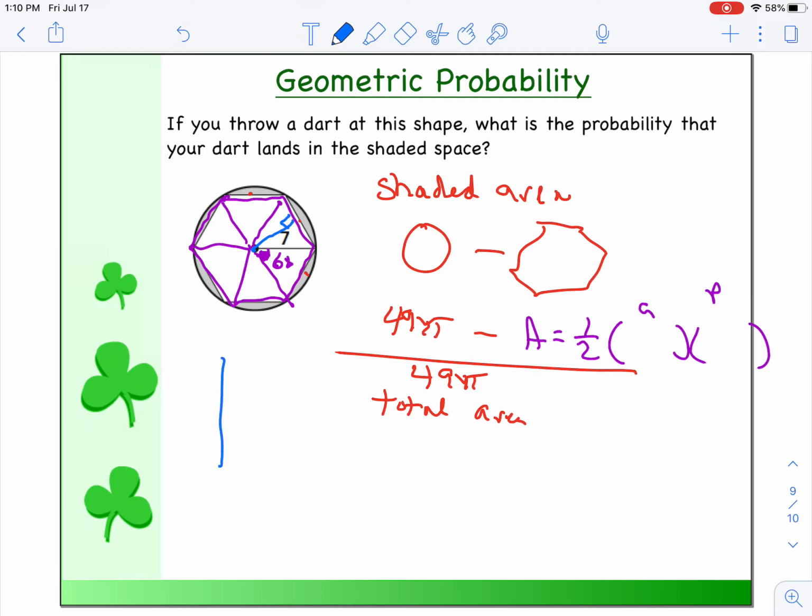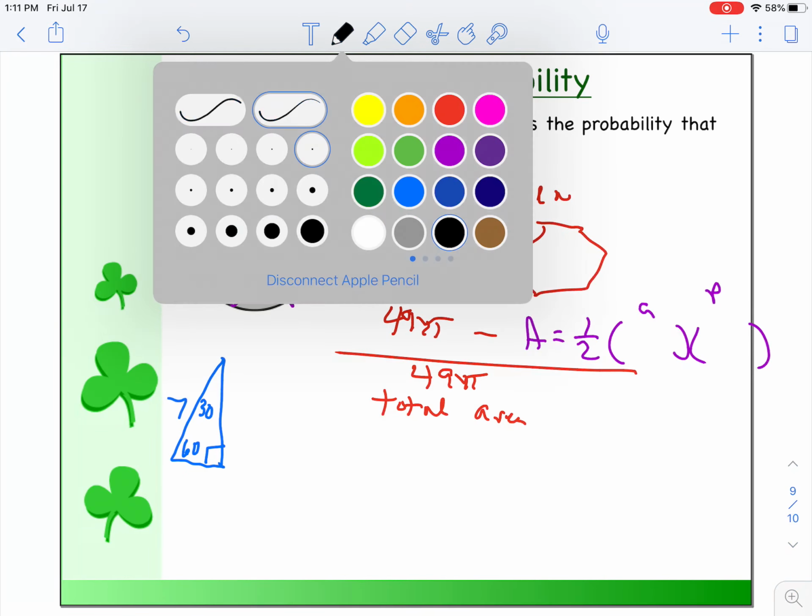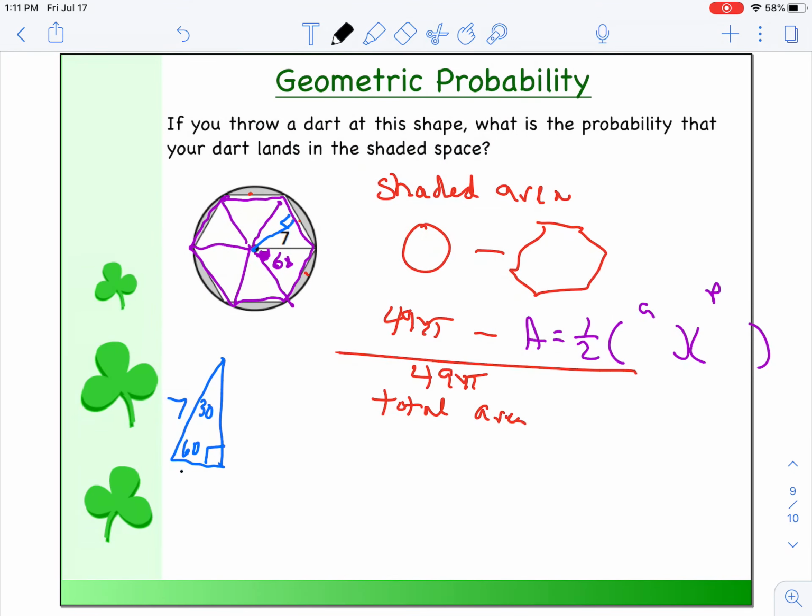So those are the things I need to find. What do I know? Well, I can find this apothem right here using that smaller triangle. So I'm going to draw it out here. The apothem bisects that angle, so that's going to be 30 degrees. This is your 60. You know that this is 7.